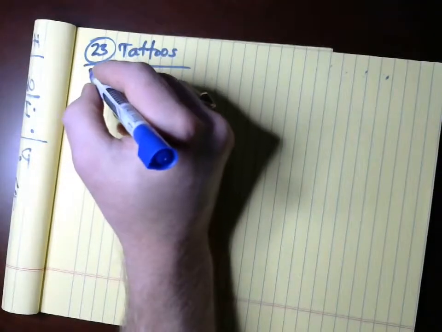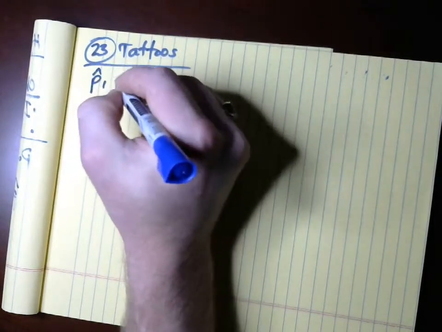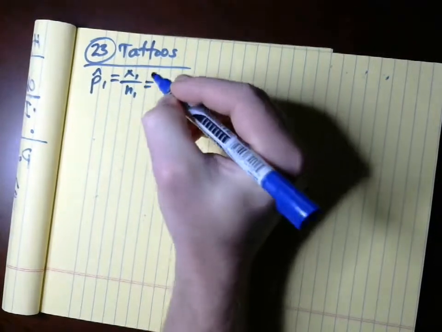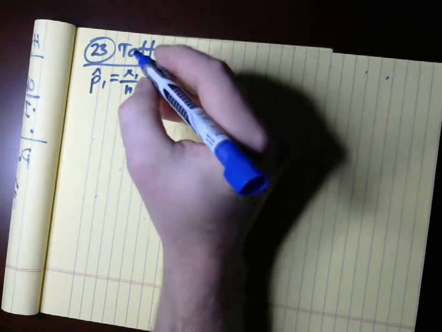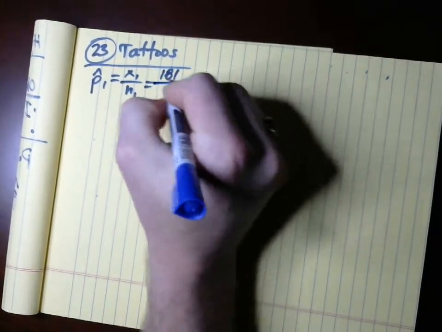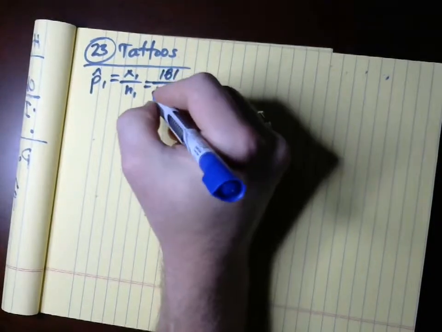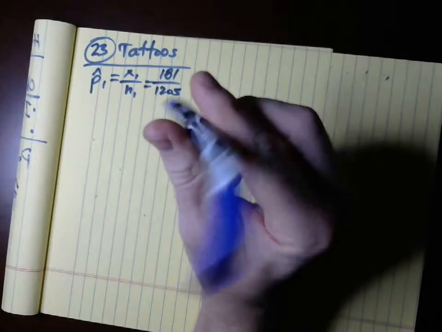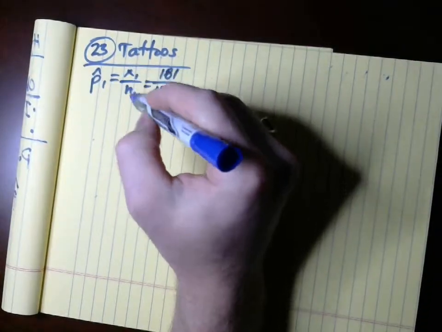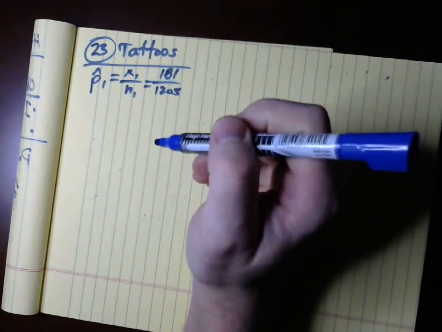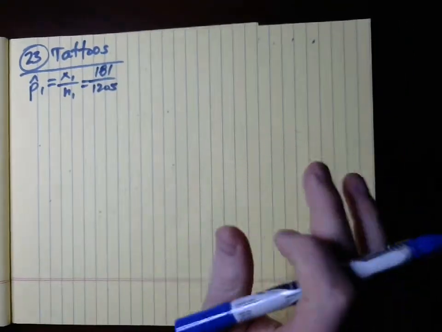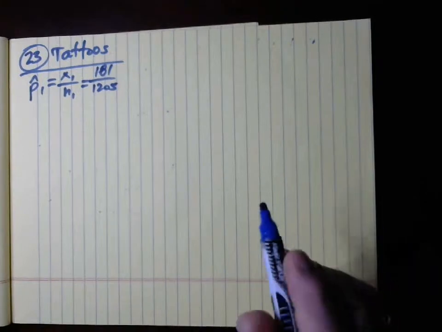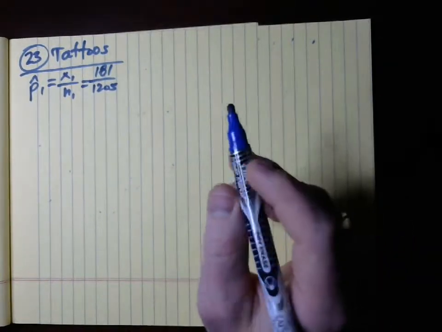So this would be p hat 1 equals, specifically, x1 over n1, which equals 181 over 1,205. It's very similar to chapter 10, but we have to have a subscript 1 because we have two different populations. You can't simply say p hat equals x divided by n, because there are two different populations. We have to denote those populations with subscripts.